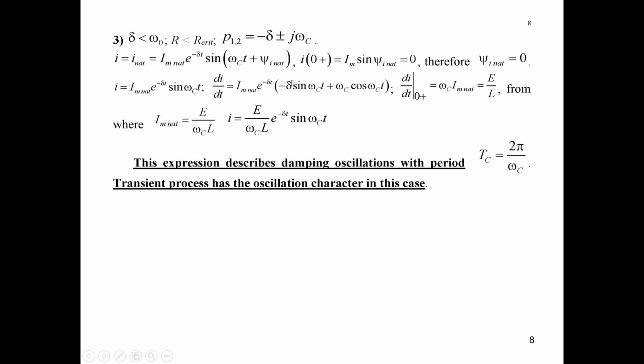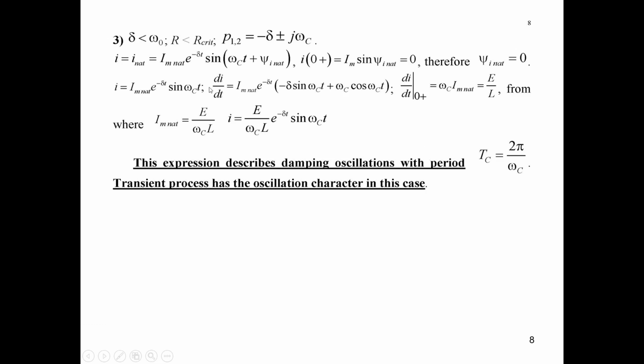Here we have this derivative of the argument multiplied by the second function, it is the first item, and the second item is just this exponential function, the first function, before brackets, multiplied by the derivative of the second function. It will be the derivative of sine, which is cosine, and it should be multiplied also by the derivative of the argument. It's equal to omega c, it is here.